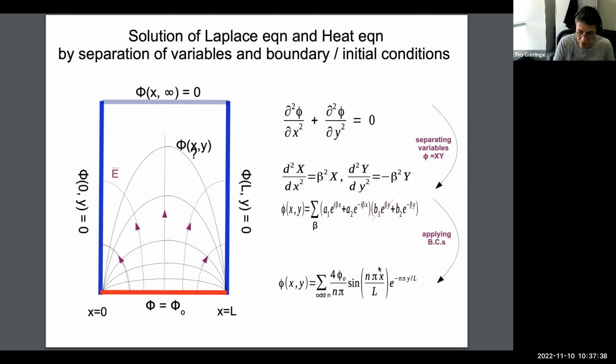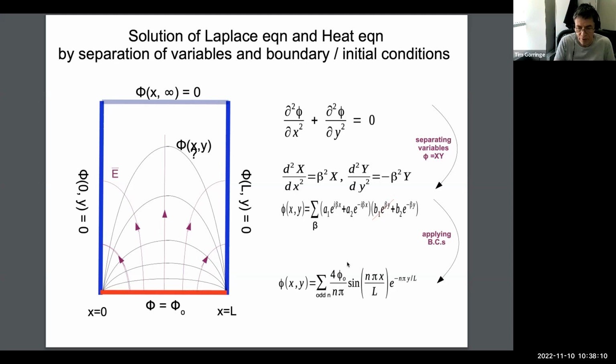And then there's this summation of sine waves, summation over odd values of n, making a superposition of sine waves that determines the x dependence of the electrostatic potential. And it's this superposition of sine waves that ensures that the potential over here on the left-hand side and over here on the right-hand side are 0.